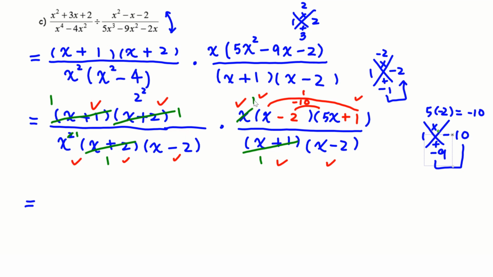Another one is the whole thing gone. And x minus 2, we have x minus 2 here. So then we are going to see 1 times 1 times 1 times 1, then 5x plus 1 left. Then x times 1 times 1 times 1 times x minus 2, we have x times x minus 2 left.